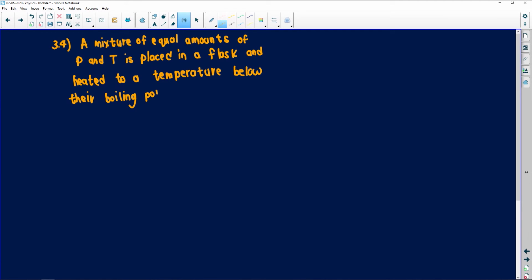This is very important. Below their boiling points, and we must assume that no reaction or condensation takes place. Now, this is grade 10 terminology when you draw the water cycle, so I hope you can define what condensation is.